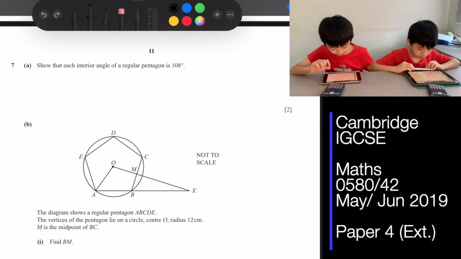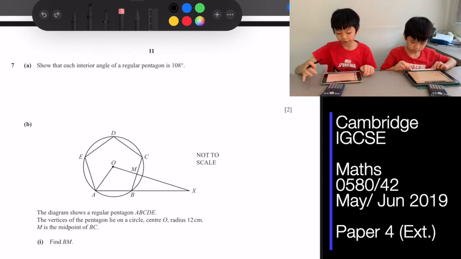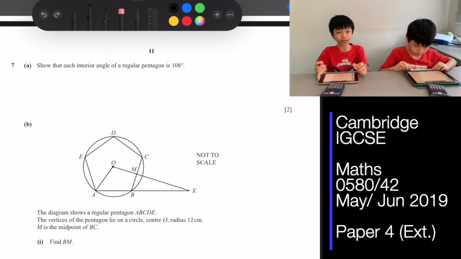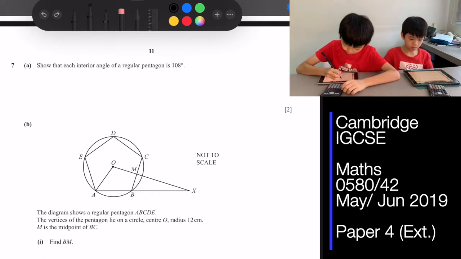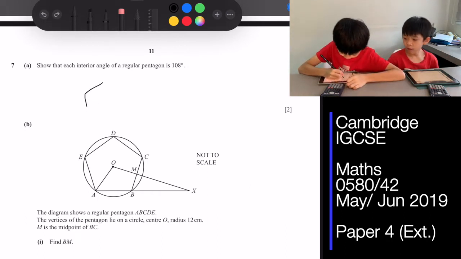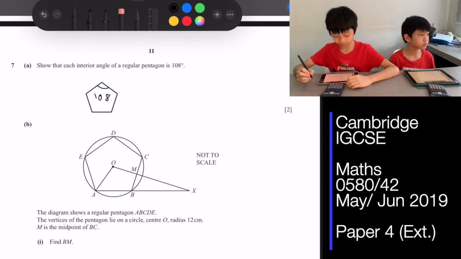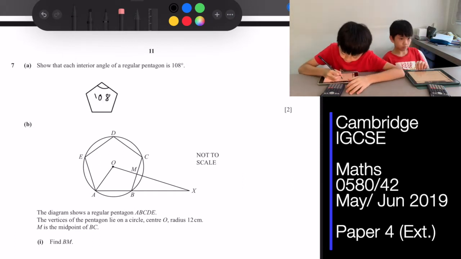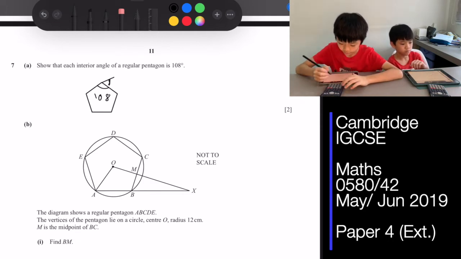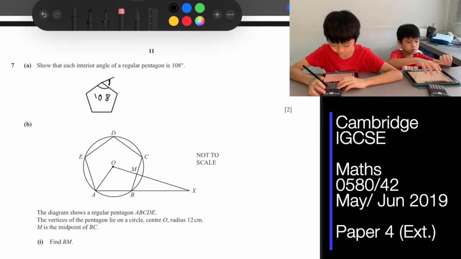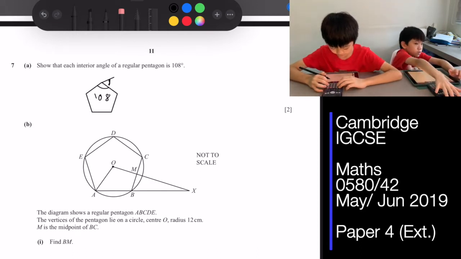7a. Show that each interior angle of a pentagon is 108. A pentagon has 5 sides, and this angle is 108. Now firstly we need to find the exterior angle, which is 180 minus 108.